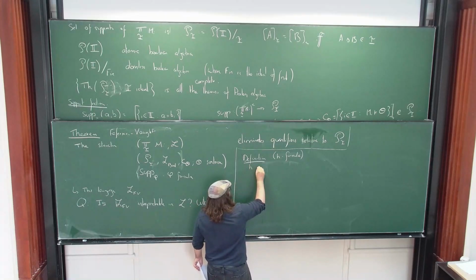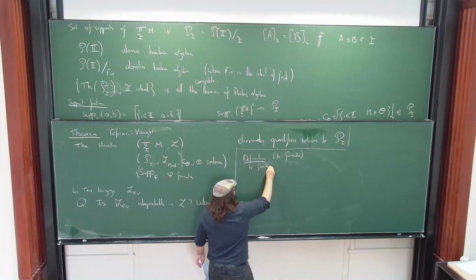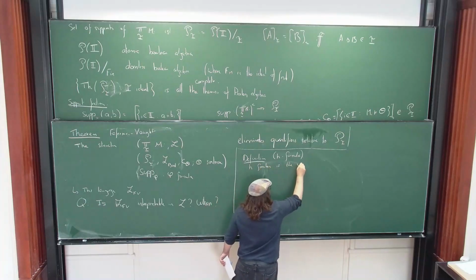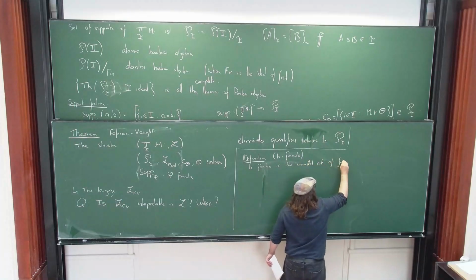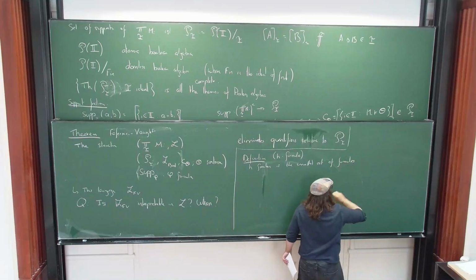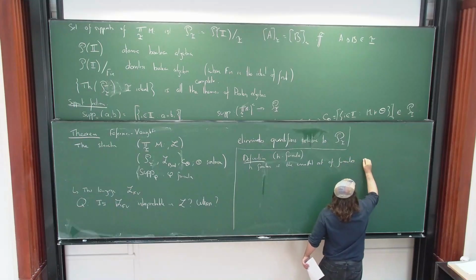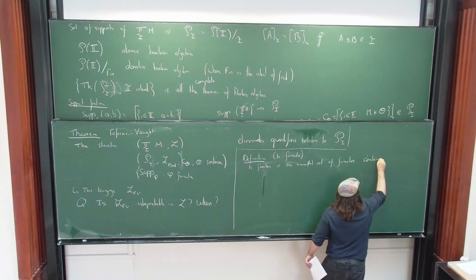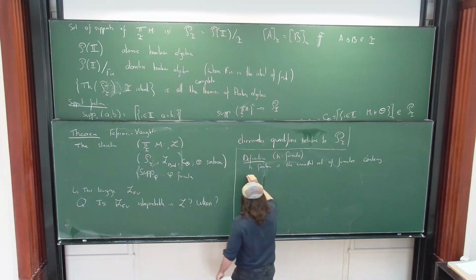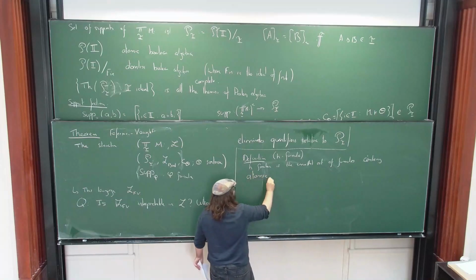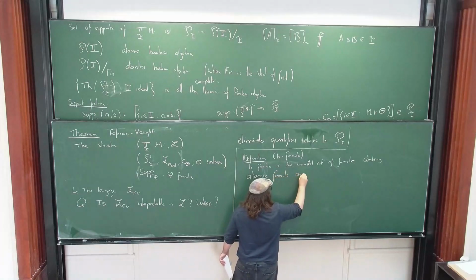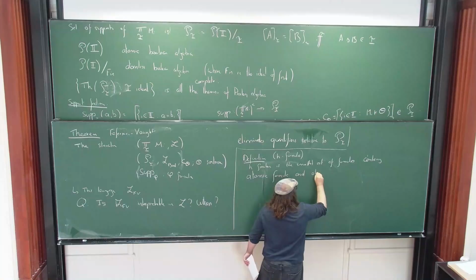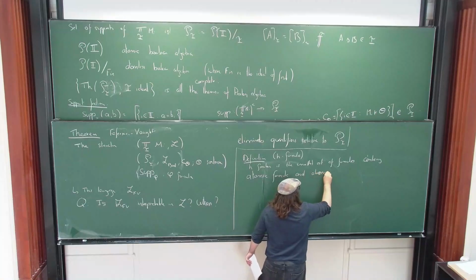H formula is the smallest set of formulas containing atomic formulas, so all atomic formulas are H formulas, and closed under a certain operation.